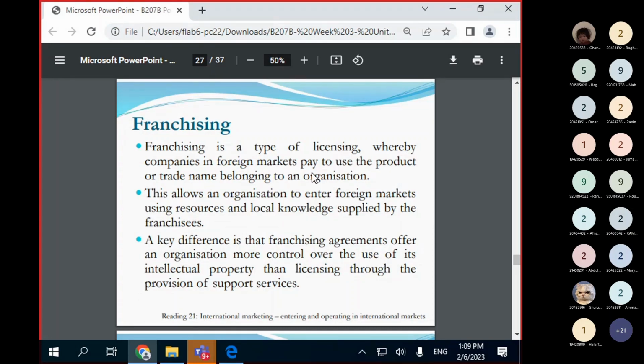This is what a franchise is. Okay, so you buy the system. Of course, the franchise has so many different rules and again, contracts that you have to abide by. There are different types of franchising. And you pay royalty fees for the franchise, okay, and so on. So, but Burger King and McDonald's are franchises.